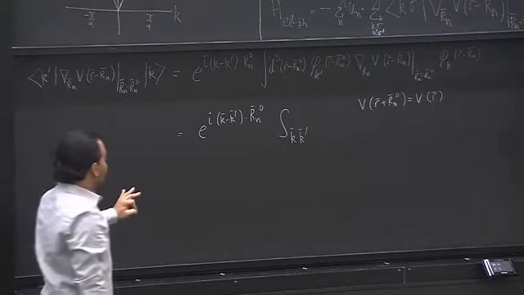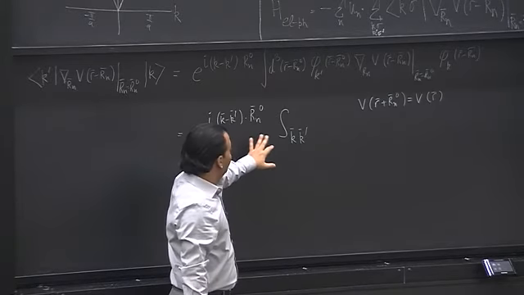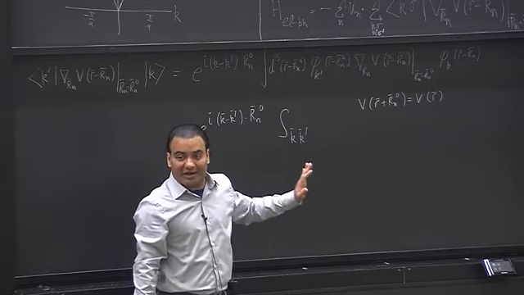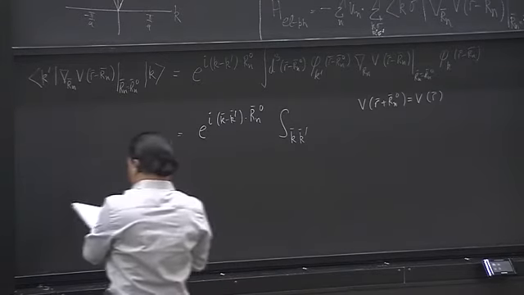So what that means is you can pull this factor outside the sum over n, and that simplifies our calculation a lot.